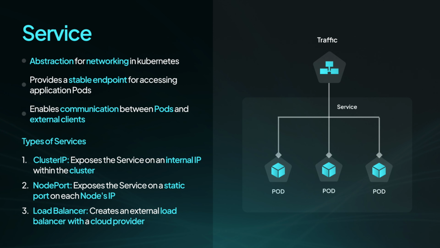Let's do a hands-on lab of service. We'll focus on understanding Kubernetes services. Let's start with a basic service manifest file. Okay, let's break this down. We have defined kind: Service. This tells Kubernetes we are defining a service object.